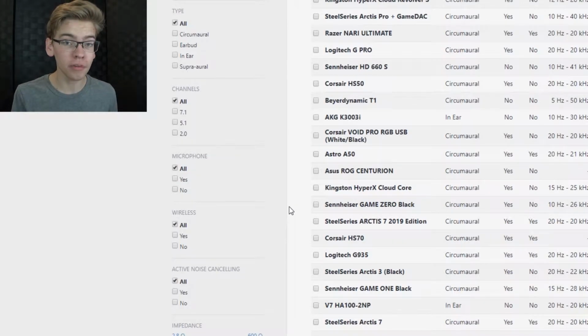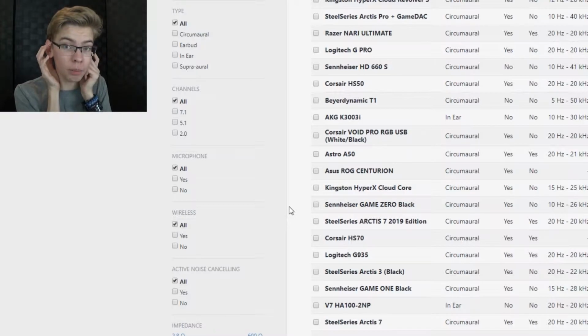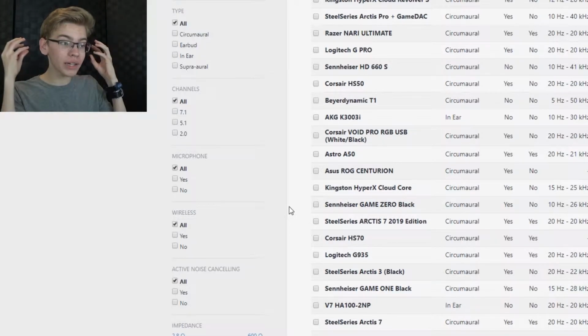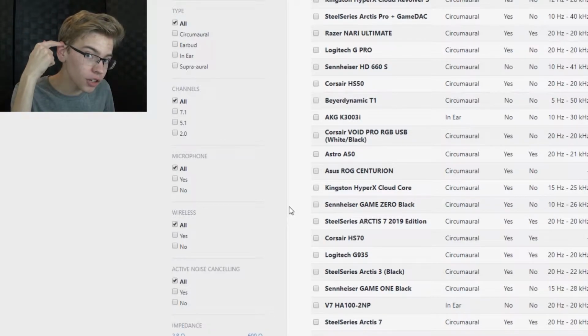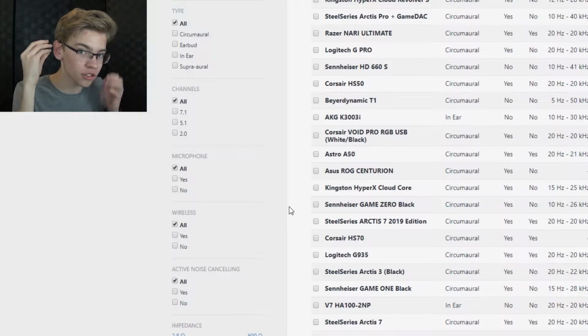There's some different types of headphones. In-ear would be like your earbuds. You have on-ear, which actually just sits on your ear. You can see the outside of your ear still. It's just like a little circle that slaps on.